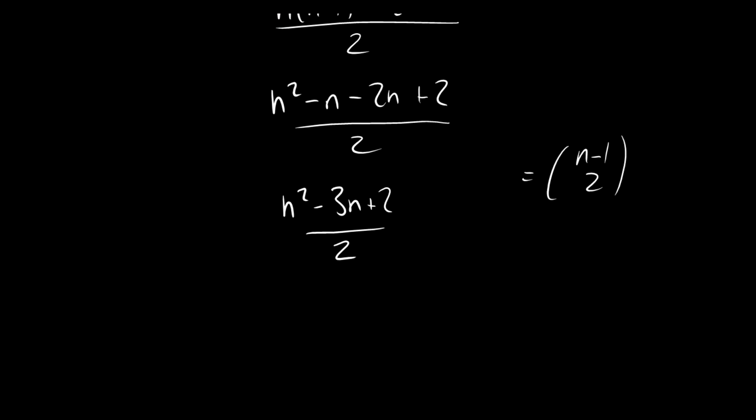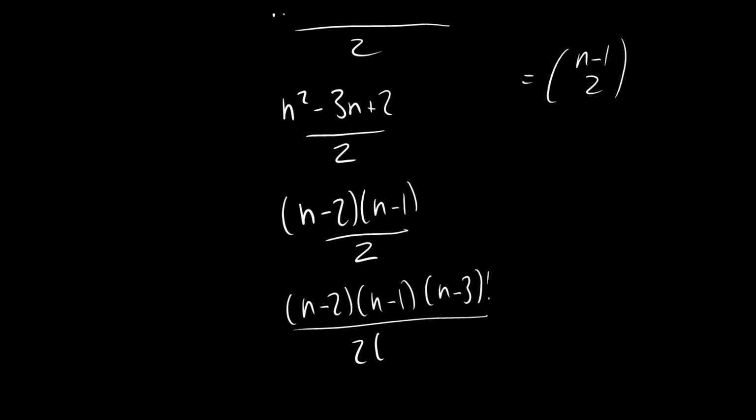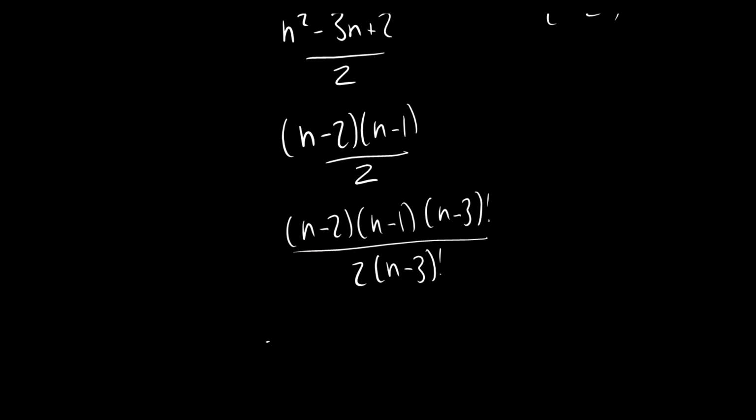Well, let's take a look at this. So we can factor this. This will be n minus 2, n minus 1, all over 2. Oh, so now you're sort of getting it right. And this is just the same thing as basically saying n minus 2 times n minus 1 times n minus 3 factorial over 2 times n minus 3 factorial, which is really just the same thing as saying n minus 1 choose 2.